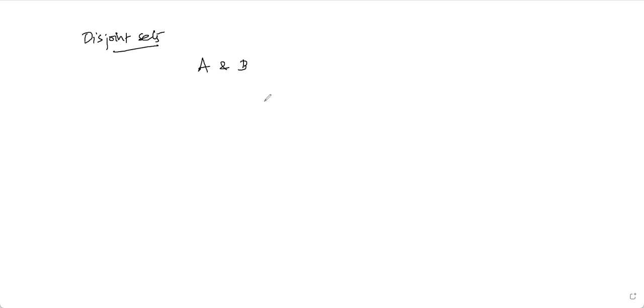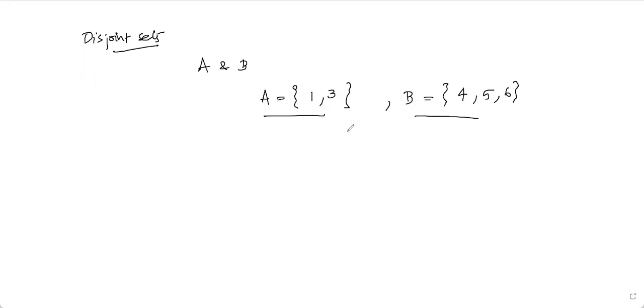Suppose I consider A, which is {1, 3}, and B, which is {4, 5, 6}. If you look at this, A and B are disjoint, since they have no elements in common.